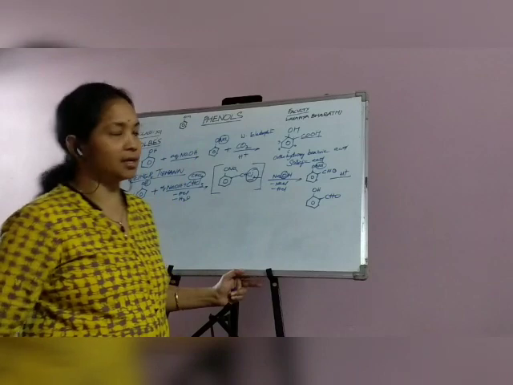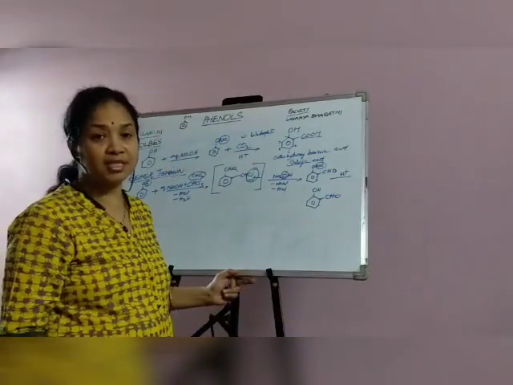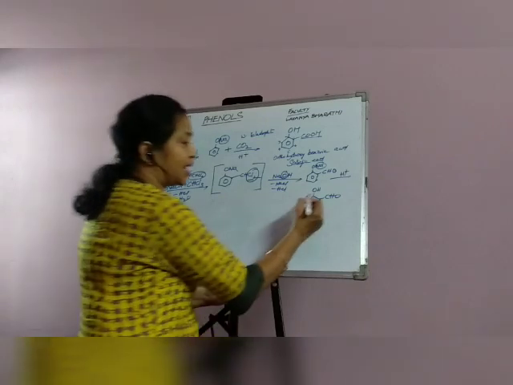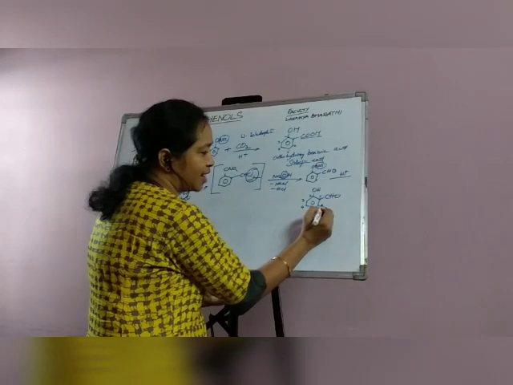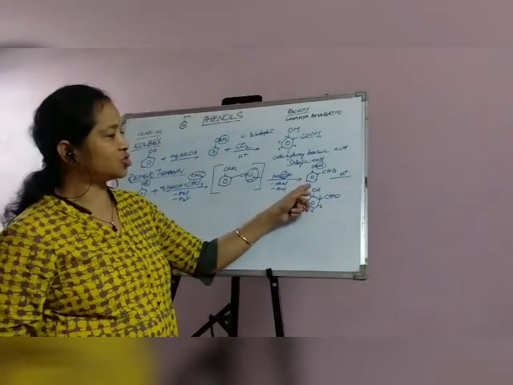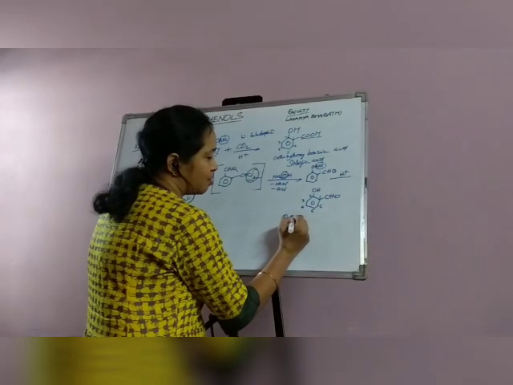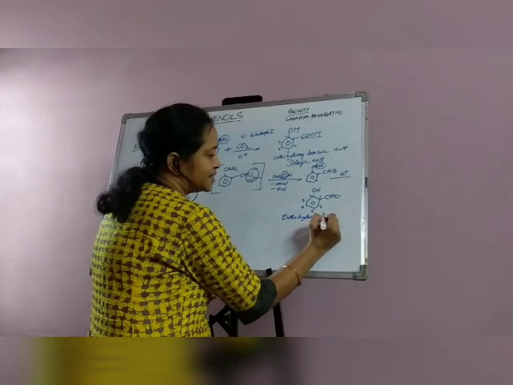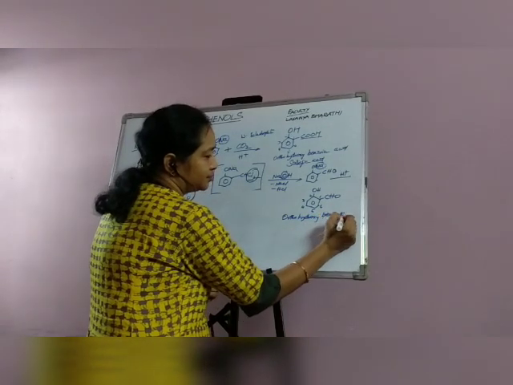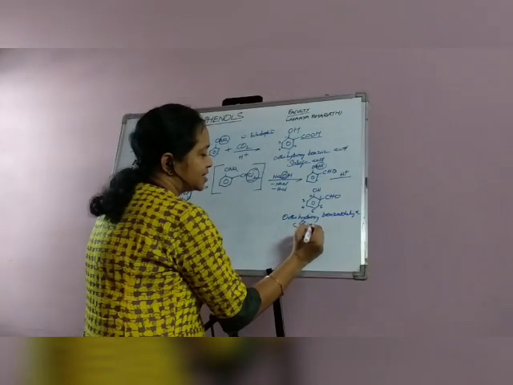You can see again, just like the above case, the aldehyde group is given more preference when compared to the alcohol, and numbering starts like this: 1, 2, 3, 4, 5 and 6. So we call this 2-hydroxy benzaldehyde, or you can also call it ortho-hydroxy benzaldehyde. And this ortho-hydroxy benzaldehyde is called salicylaldehyde.